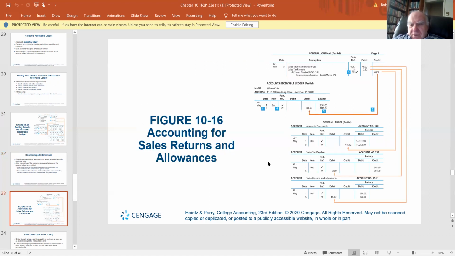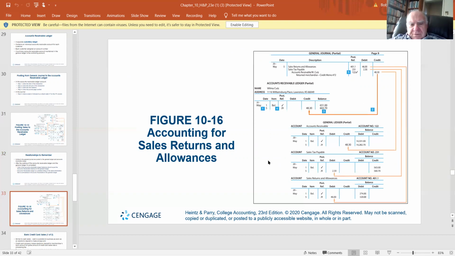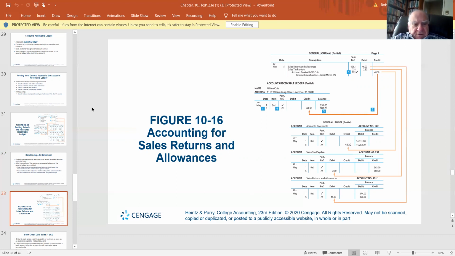Let's look at sales returns and allowances. Let me just fix something here. Sales returns and allowances. This customer, Wilma Cutts, returned some goods.